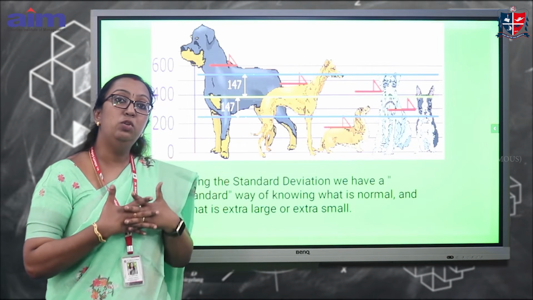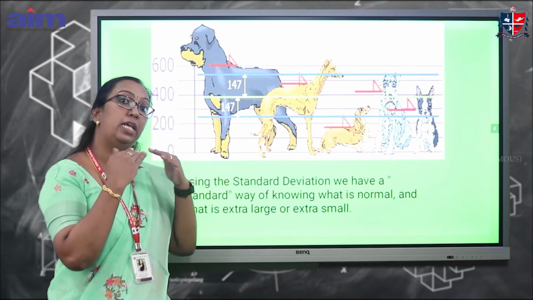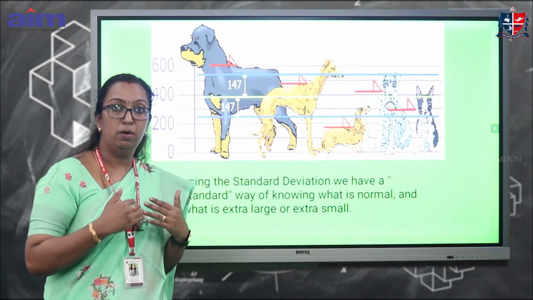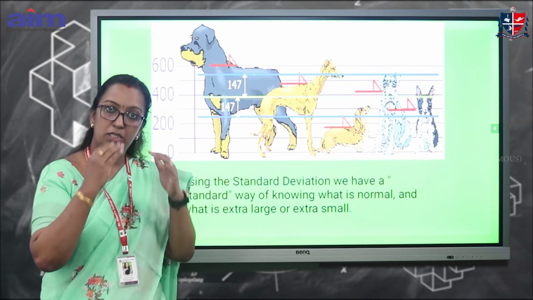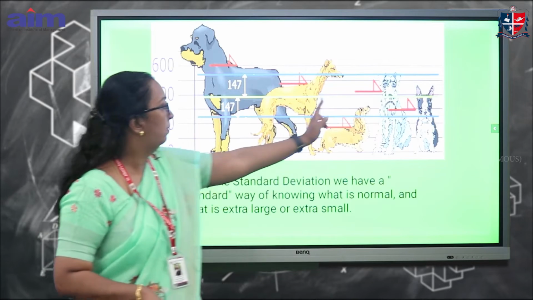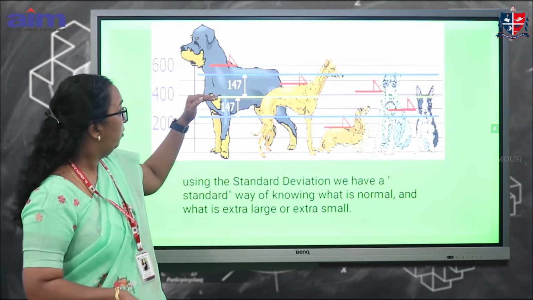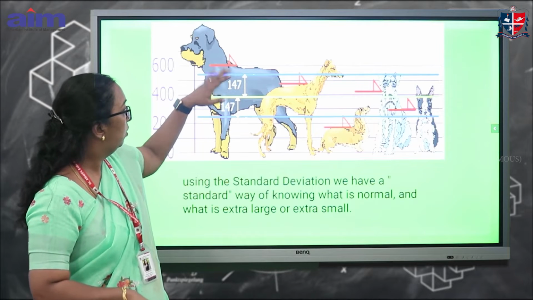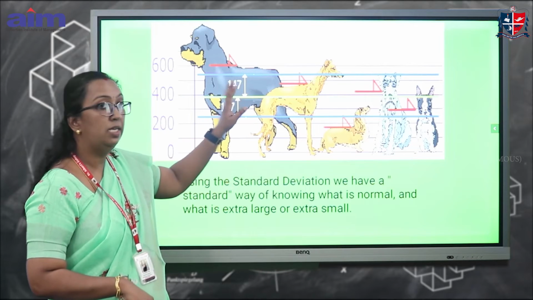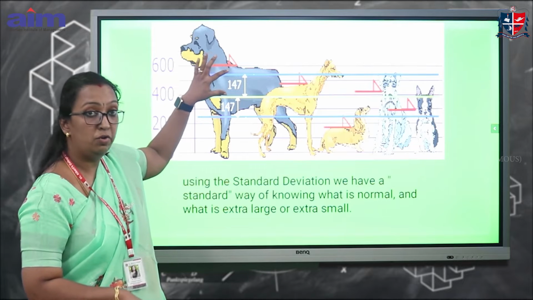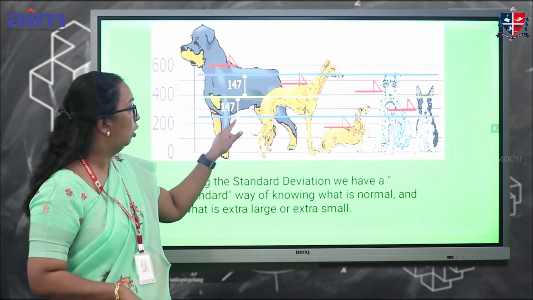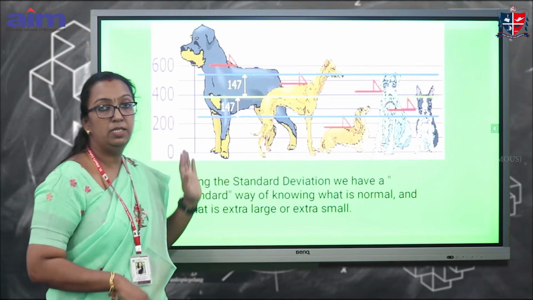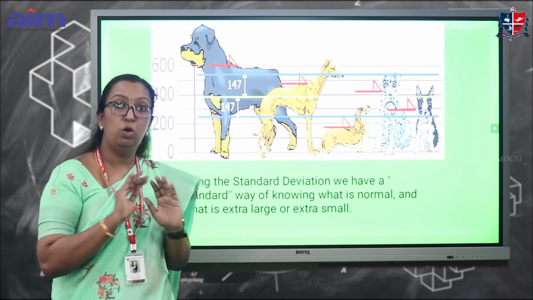So how can you say that my dog is an extra large dog, or my dog is a very small dog compared to the average? This is how you do it. You have a mean line, and from there 147 is the normal range, that is above the mean line, and below the mean line 147 is the standard or normal level.